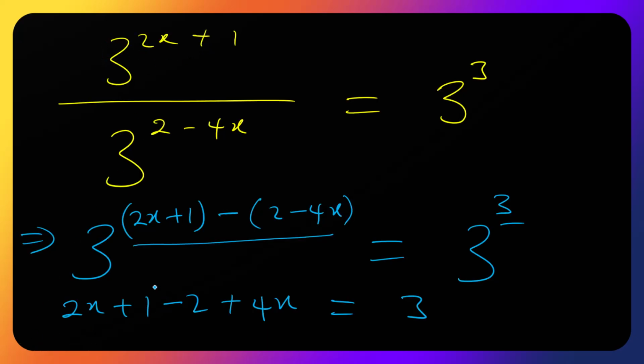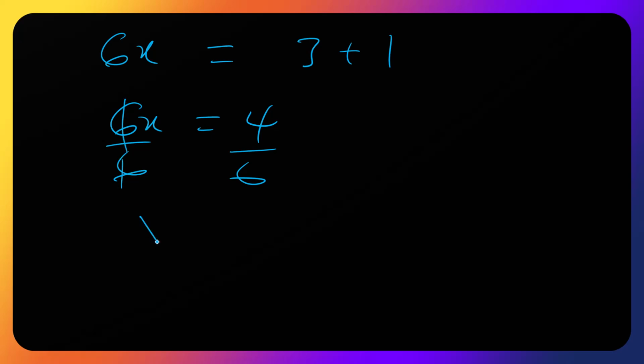And 1 minus 2, that's minus 1. To this side will be plus, so that will be 3 plus 1. So 6x equals 4. Divide both sides by 6. My x is 2 over 3.